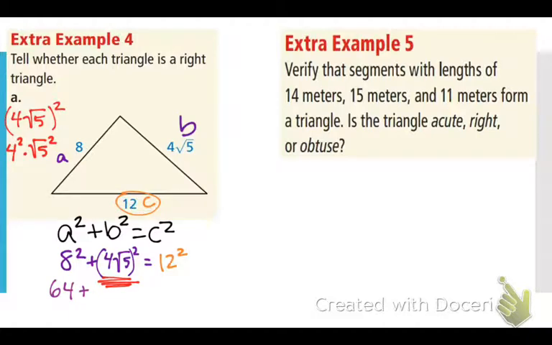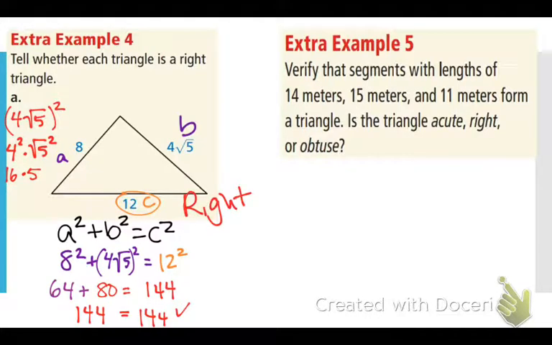They're being multiplied. Good. So 4 squared is? 16. And the square root of 5 squared is 5. 16 times 5 is? 80. Yep, 80. And it equals 144. 64 plus 80 is? 144. Does 144 equal 144? Yes, so this is a right triangle.